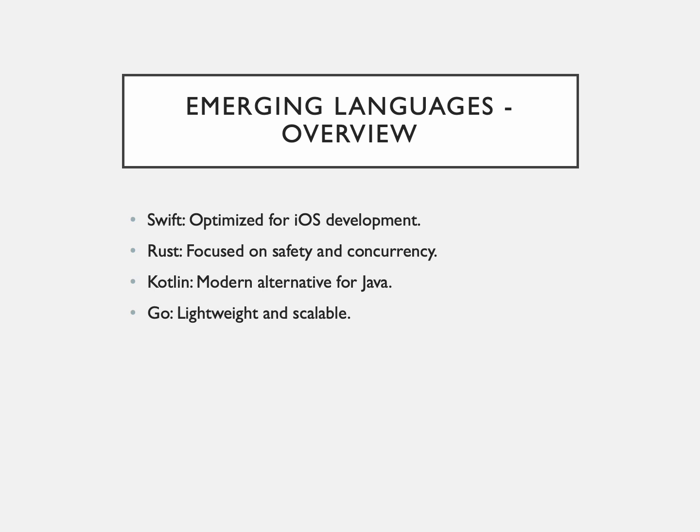Second is Rust, which is focused on safety and concurrency. Rust is a systems programming language that prioritizes memory safety and concurrency without sacrificing performance. It is particularly effective in preventing common programming errors like null pointer dereferences and buffer overflows.